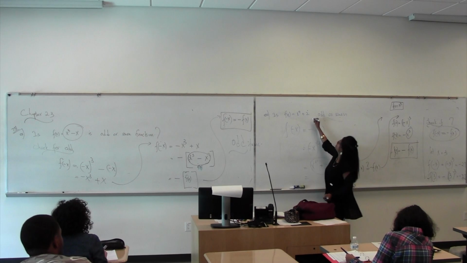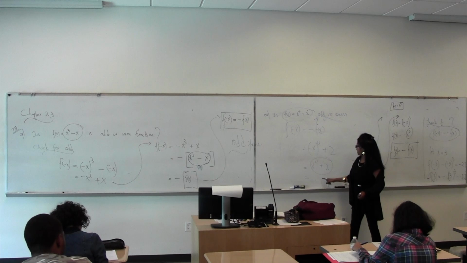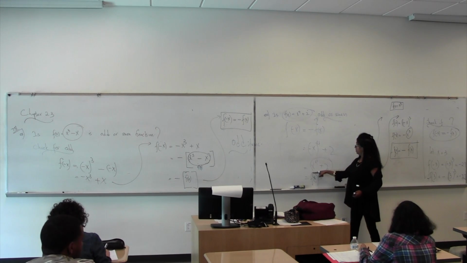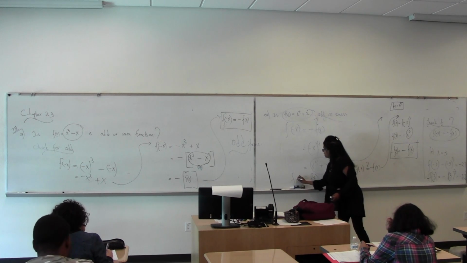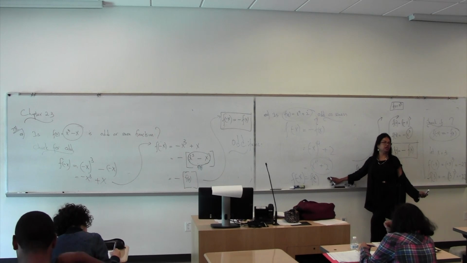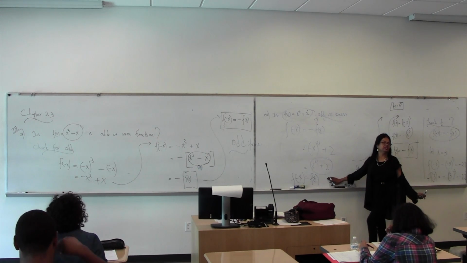So I know this is f of x, right? I was just checking for f of negative x and I end up getting f of negative x is equal to f of x. When we see this, what do we know from this definition? This is the definition for even.